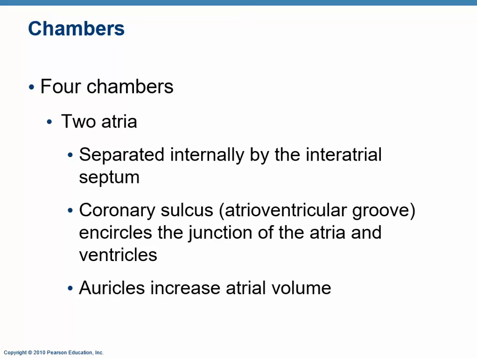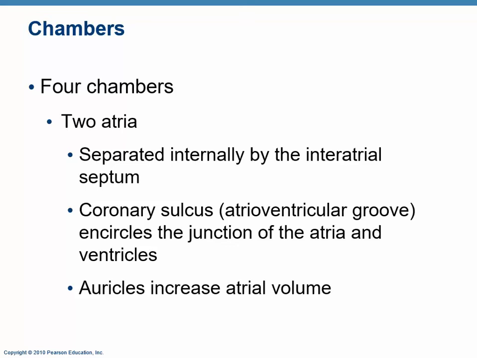On the outside of the heart, you can tell where the atria end and the ventricles begin by a groove that circles the heart at the bottom part of the atria. This is called the atrioventricular groove, or the coronary sulcus.